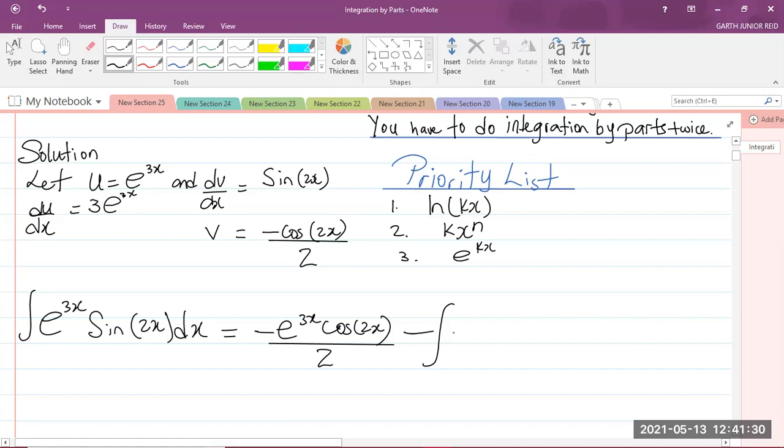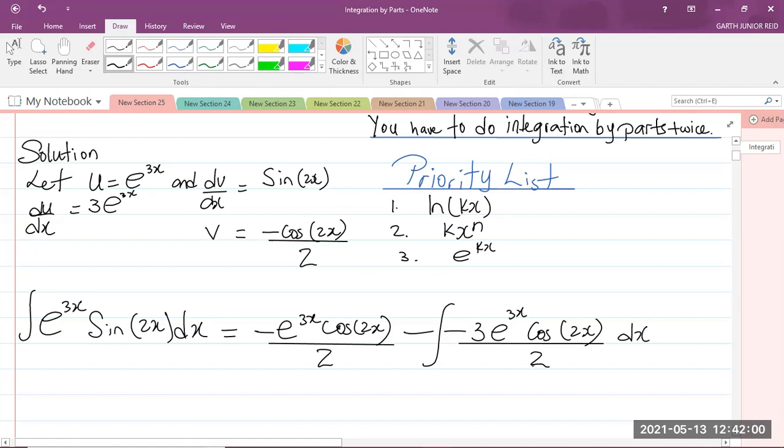When I do that, I will get negative 3e to the power of 3x multiplied by the cosine of 2x, and I'm also going to divide that expression by 2, dx. Good. Now, you realize that in the integral here, I have negative 3 over 2 multiplied by e to the 3x cosine 2x.